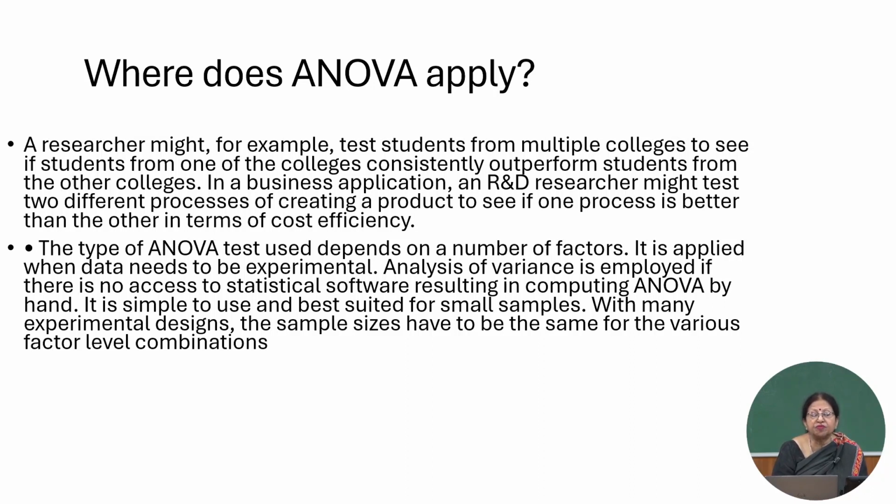With many experimental designs, the sample sizes have to be the same for various factor level combinations. And ANOVA is very commonly used. In many research papers, you will see that the statistical method utilized is ANOVA. That means all the results were tabulated either manually or through statistical software, and the inference was drawn.